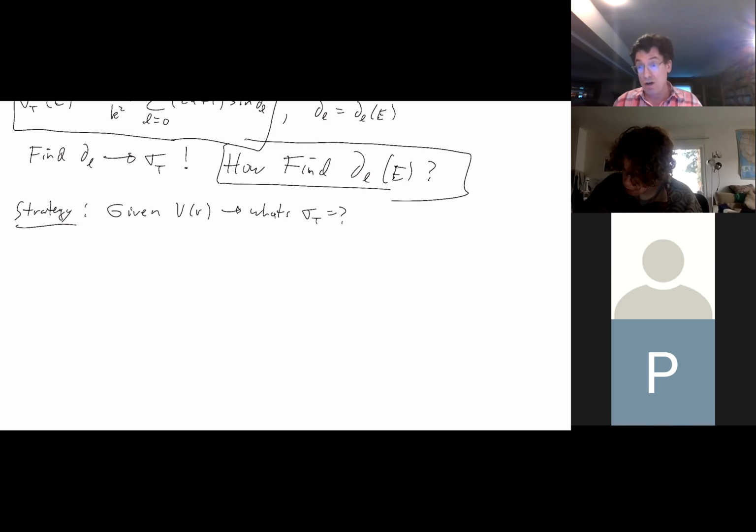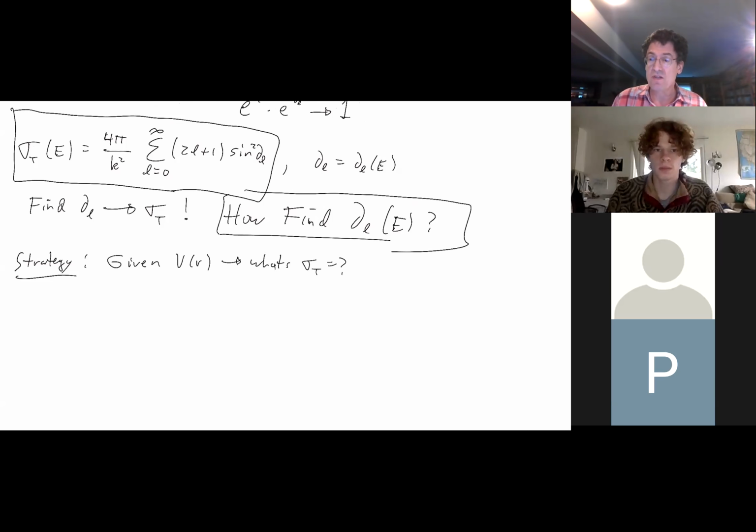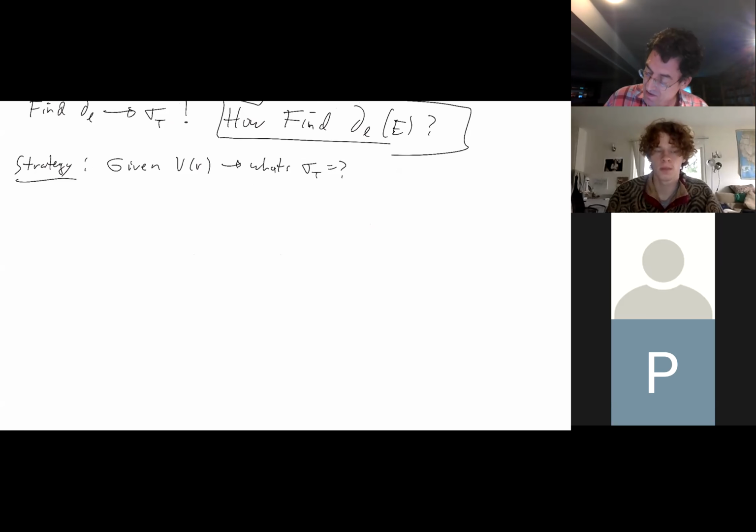And then you say, oh, it must be this formula for the phase shifts. And then you go, okay, now I must find the phase shifts.